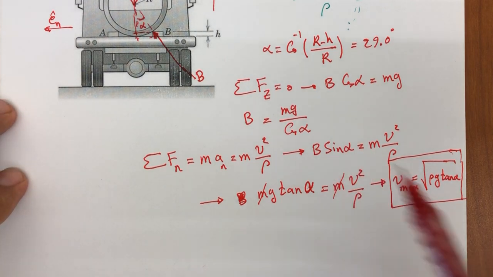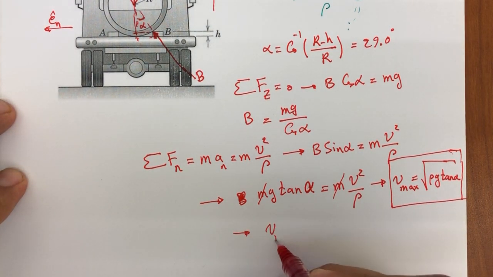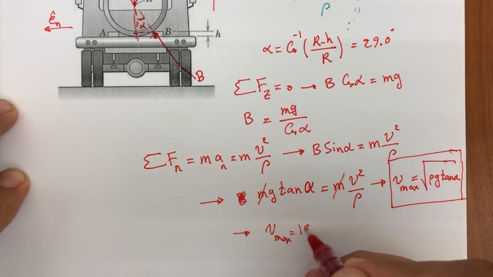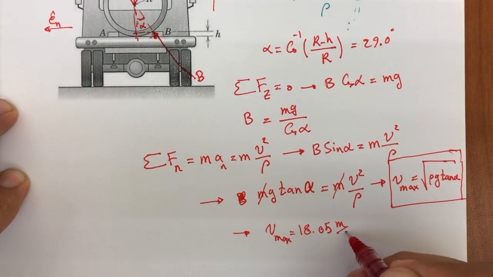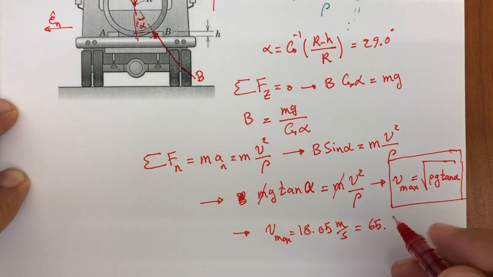And also we have some numbers for h and rho. If you put those numbers, the maximum velocity is going to turn out to be 18.05 meters per second, or 65.0 kilometers per hour.